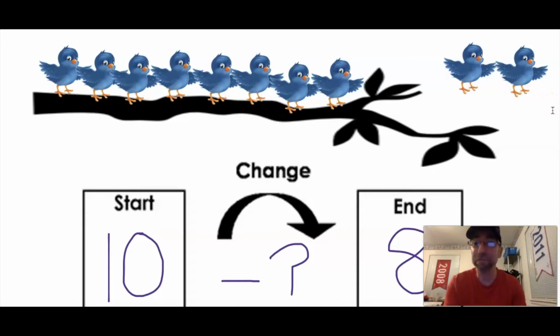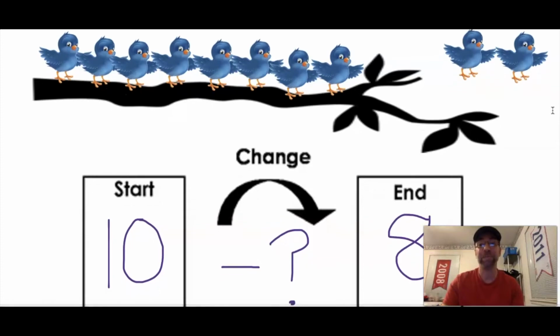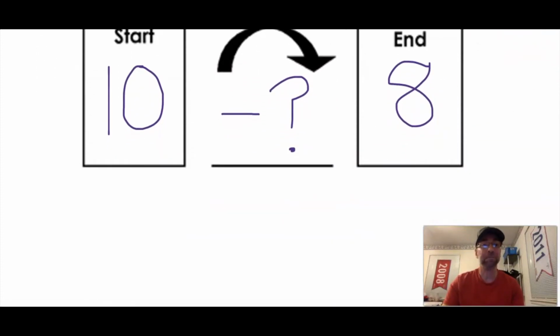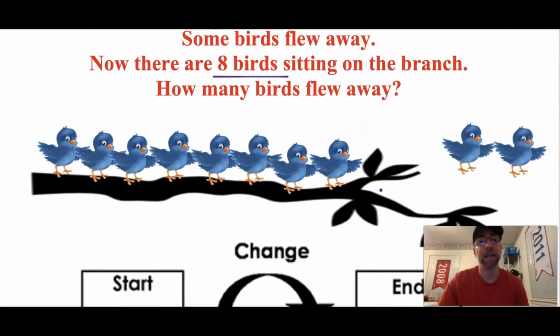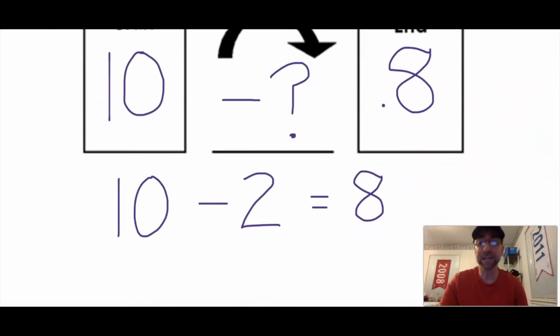How many birds flew away? 2. So my number model is going to be 10 minus the 2 birds that flew away equals 8. Now the answer to my story, how many birds flew away? The answer is found here. 2 birds flew away.